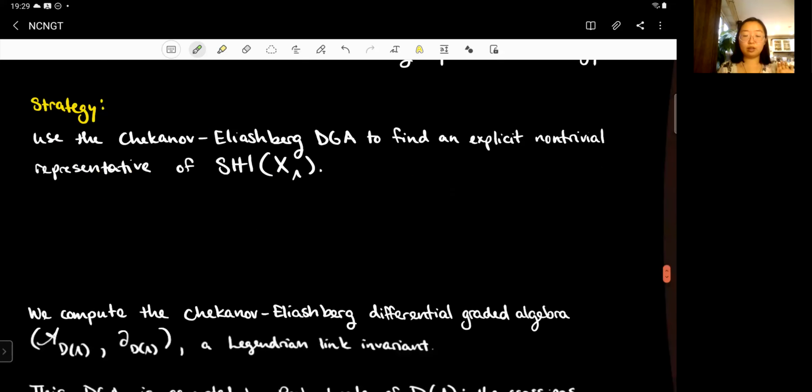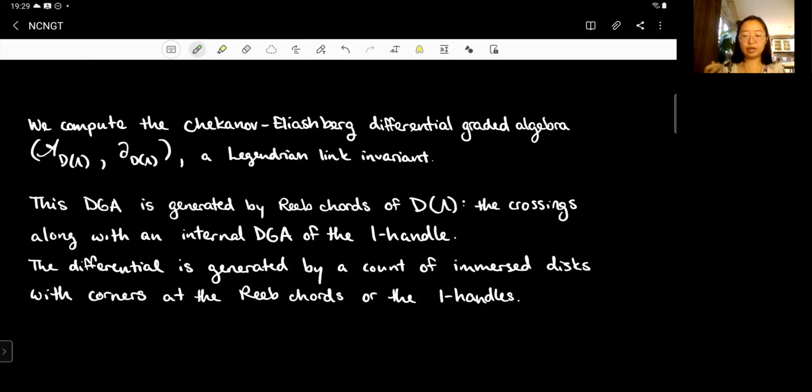So the Chekanov-Eliashberg DGA is something that we can compute from a Lagrangian link. It's a Lagrangian link invariant. It's generated by Reeb chords. So in our case, we're going to be looking at the Lagrangian knot in the diagram with the one handle. So we're going to be looking at Reeb chords which come from the crossings, as well as Reeb chords from inside the handle.